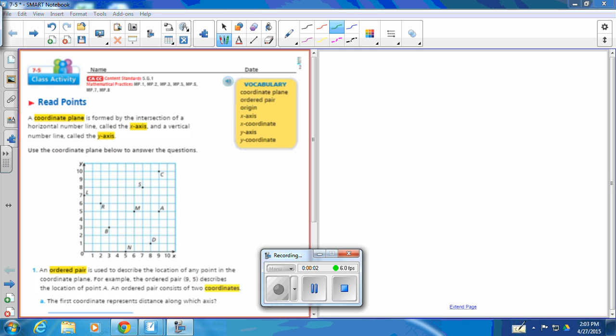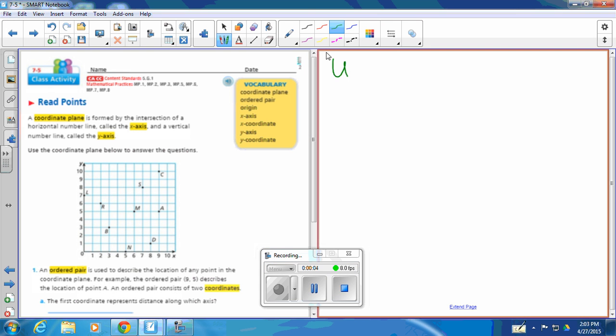Okay, mathematicians, we're on Unit 7, Lesson 5. And our focus for today's lesson is to locate, oops, let me write the word focus here.